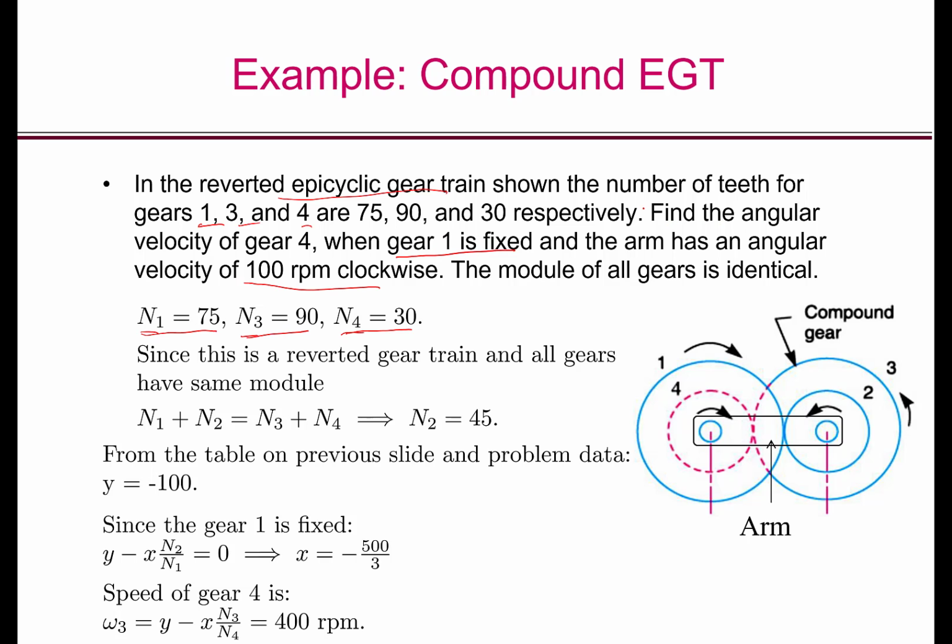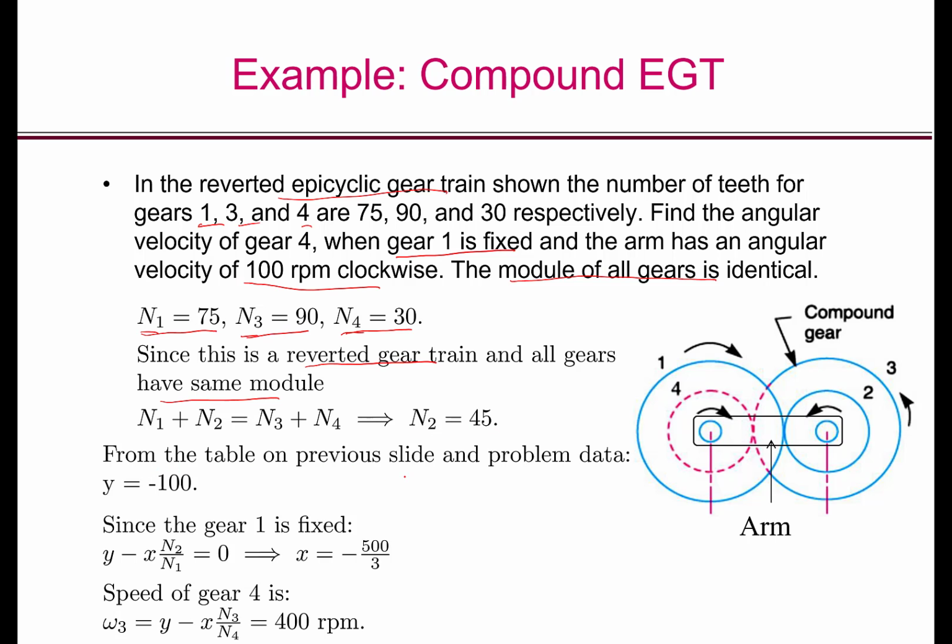We have to find the angular velocity of gear 4, and it is also given that the module of all gears is identical. Now note here that we do not know the number of teeth on gear 2, but we can compute it from the fact that N1 plus N2 equals N3 plus N4, because it is a reverted gear train and all gears have the same module. This implies that N2 equals 45.